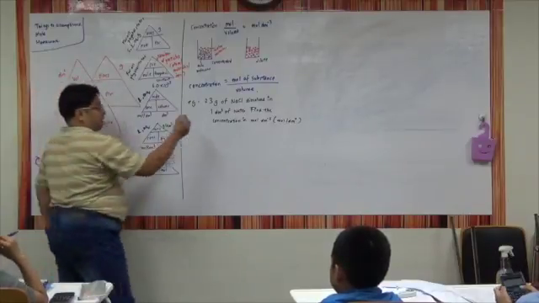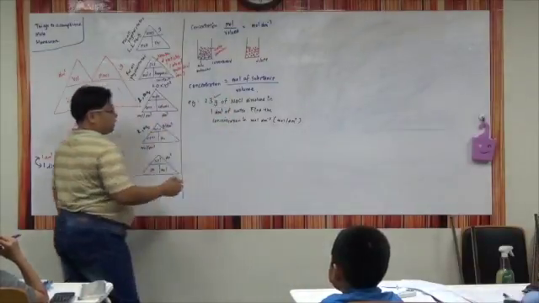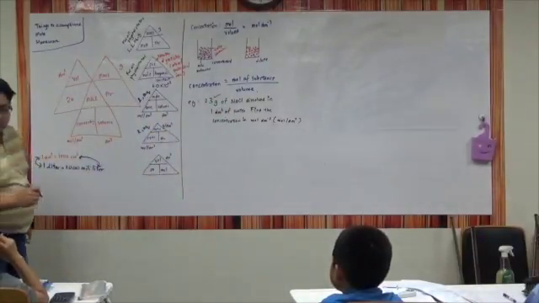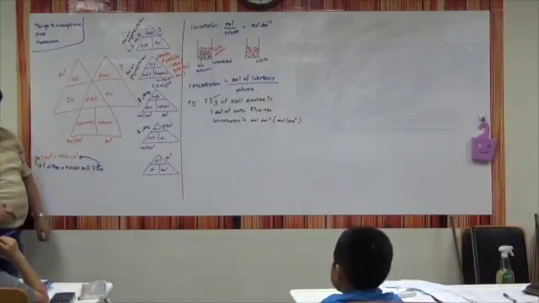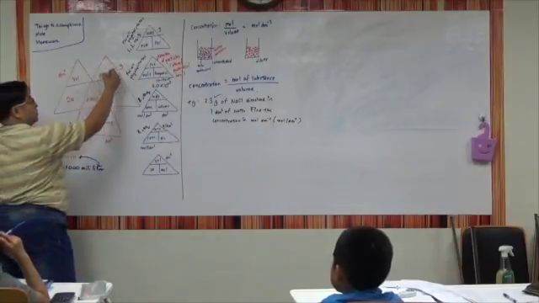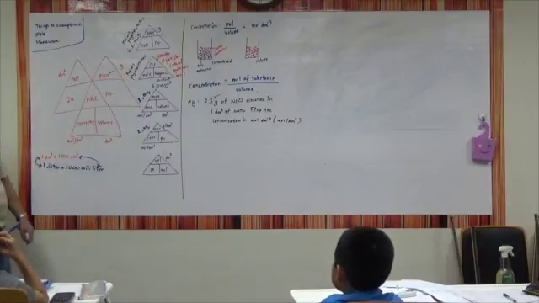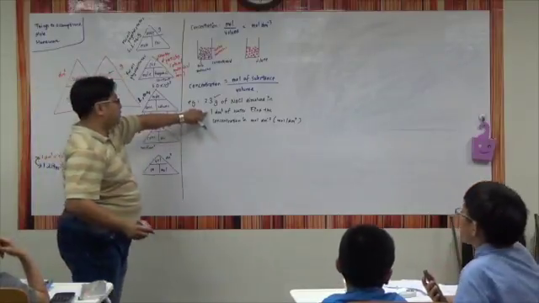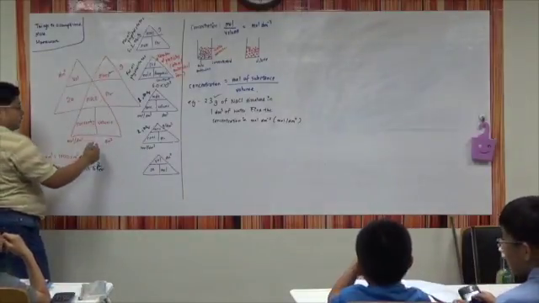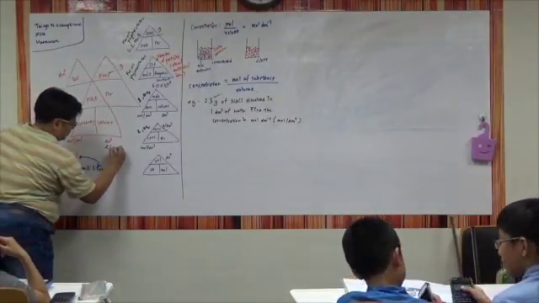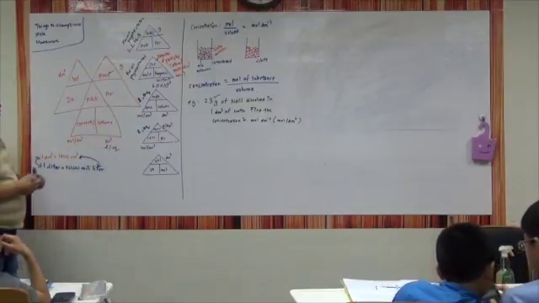For example, they give you this mass, 23 grams. So mass is the gram, right? Where can you find the mass in this triangle? The first one. Where can you find the volume?